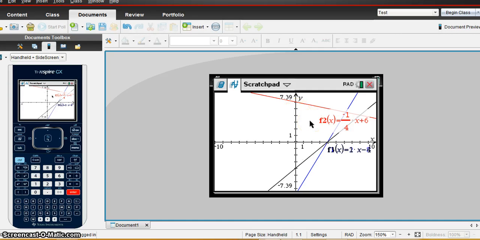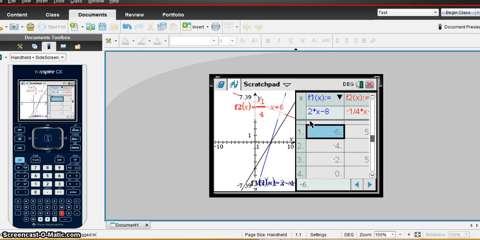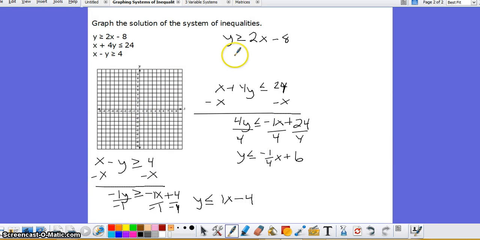Control T so that we can get our tables. For our first one, we're going to use 1, negative 6 and 2, negative 4. I'm only going to use 2 this time.